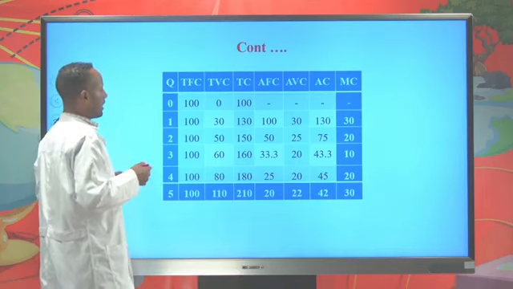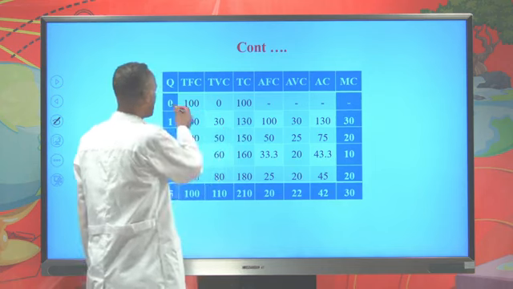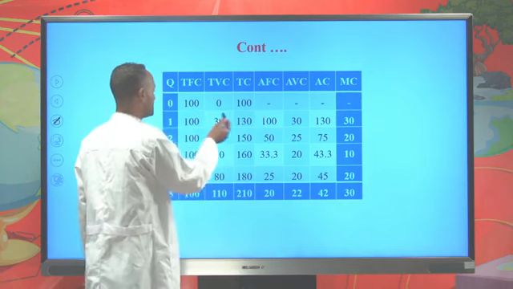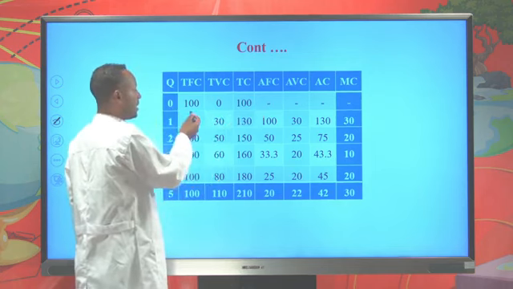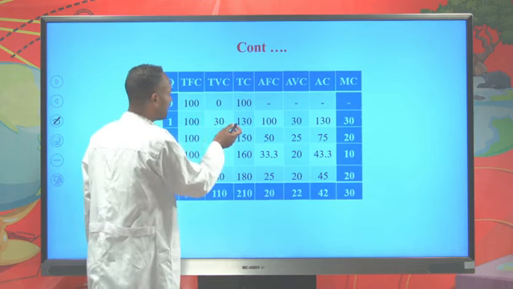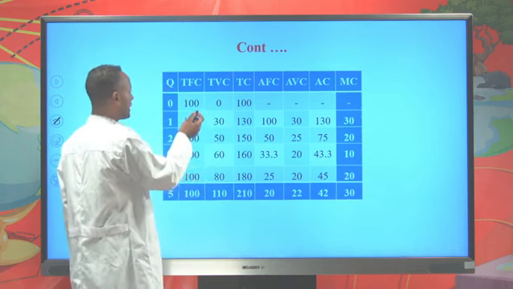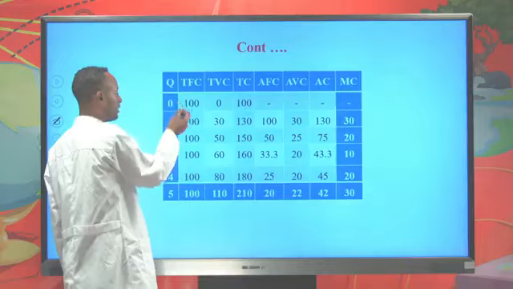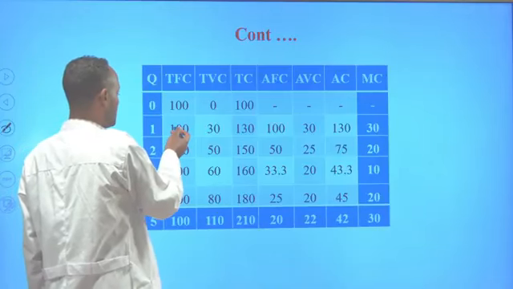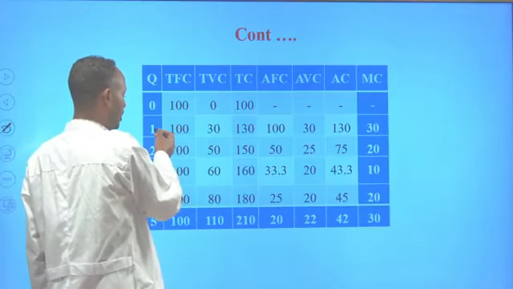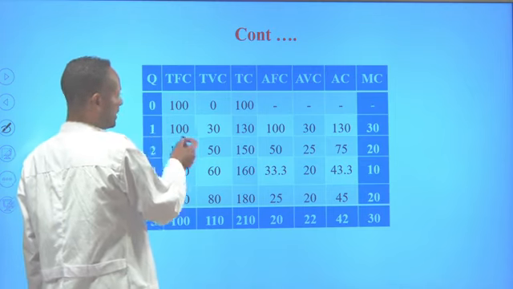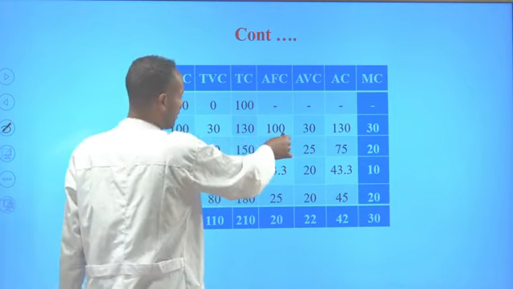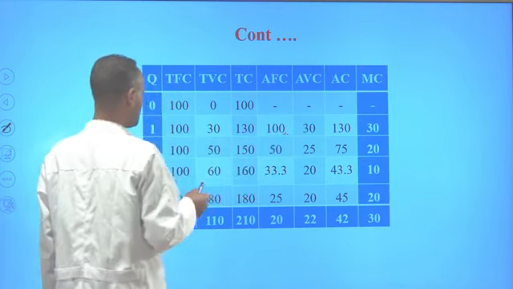Here, the average fixed cost of producing 0 units of a commodity is undefined since the denominator is zero. And when we calculate the average fixed cost of production, it is calculated by dividing TFC by Q. So, if the TFC is 100 and the output produced and sold is 1, then the average fixed cost of production is 100.